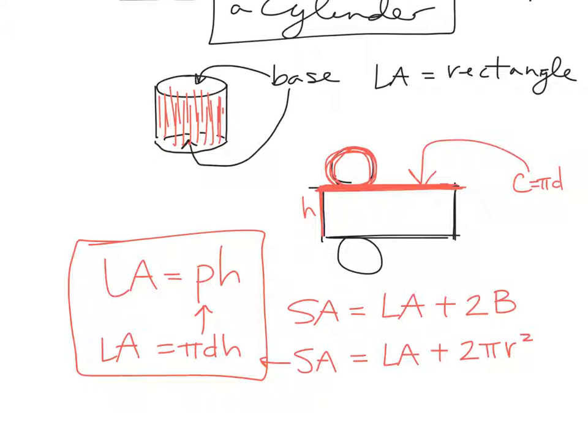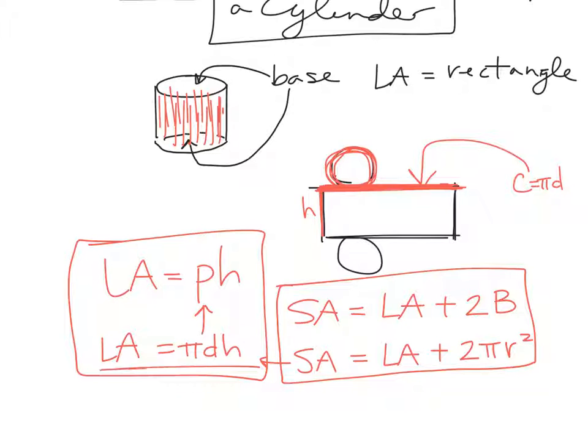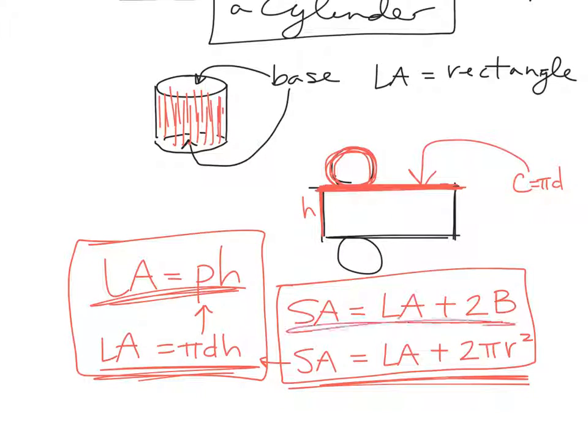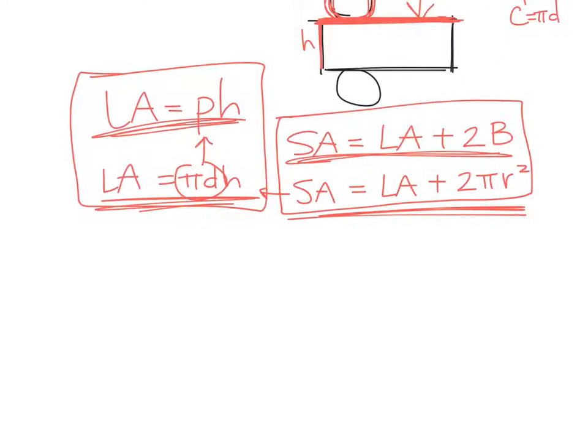So again, these two formulas are really saying the same thing. It's just one is in terms of pi and one is not. You can use either today. When you look for P, it's going to be pi d. So we're going to do that on a couple problems.